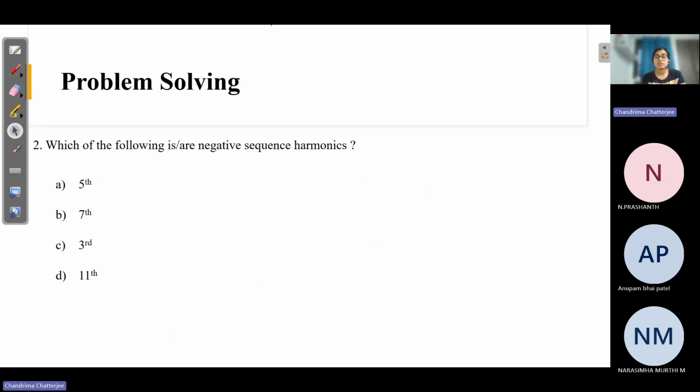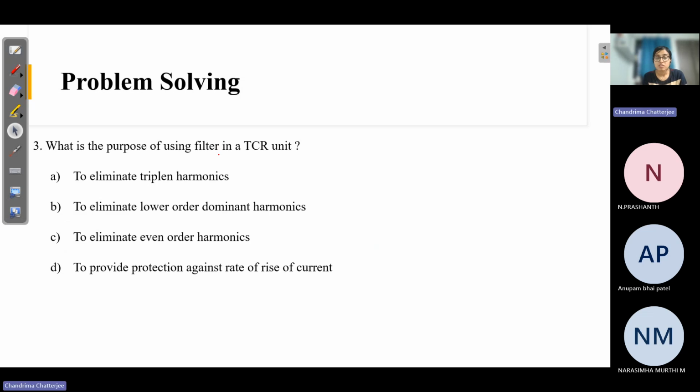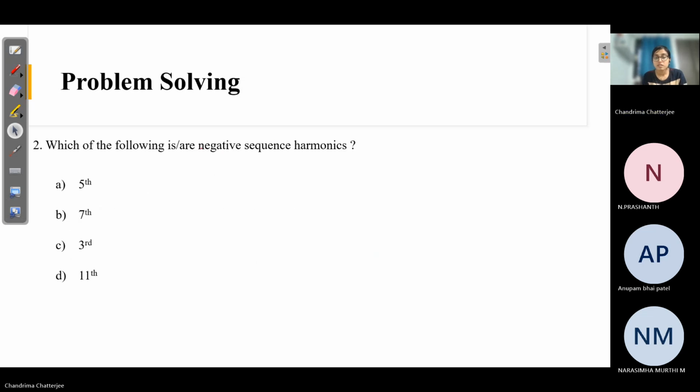What is the next question? What are the positive sequence harmonics?